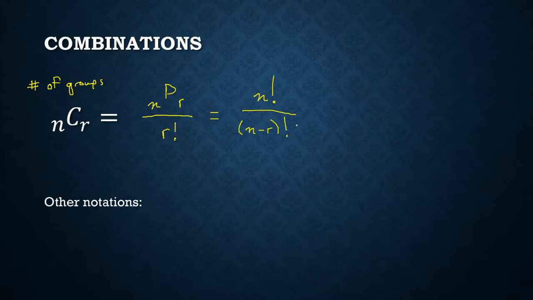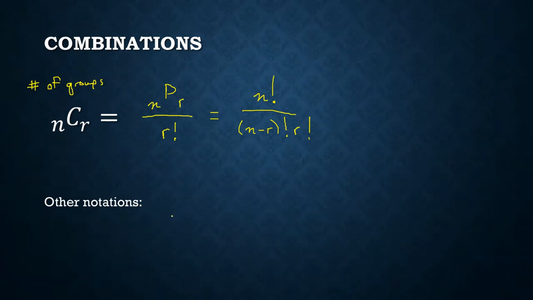The number of combinations is therefore n factorial over n minus r factorial, that's nPr, and we're also dividing by r factorial. So this gives you a formula to calculate the number of possible groups of r objects from n where order doesn't matter.